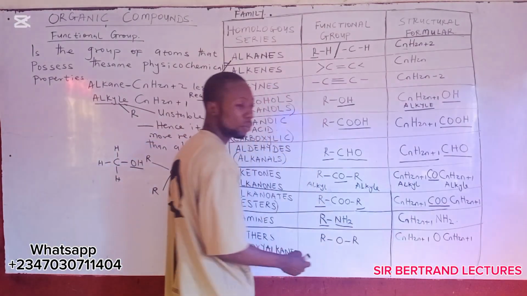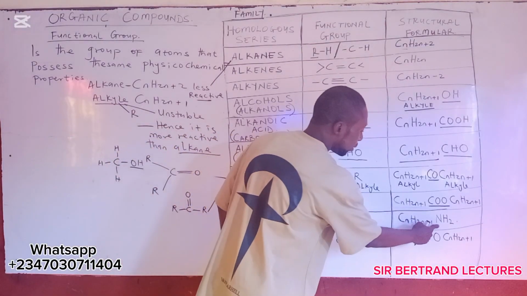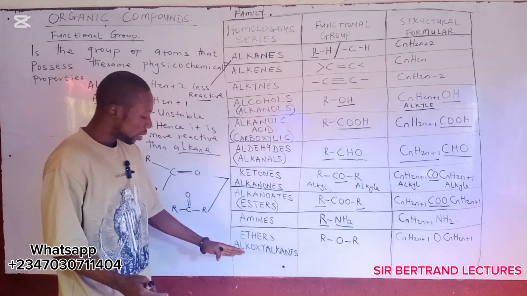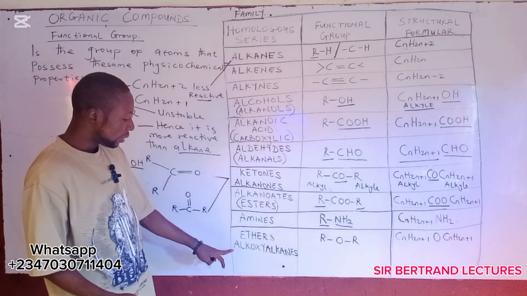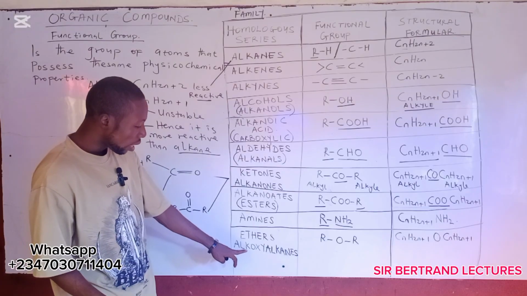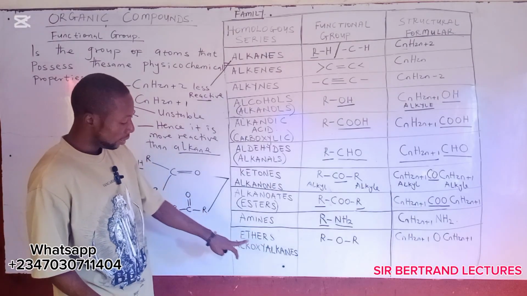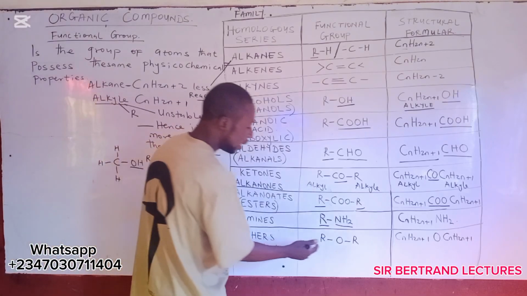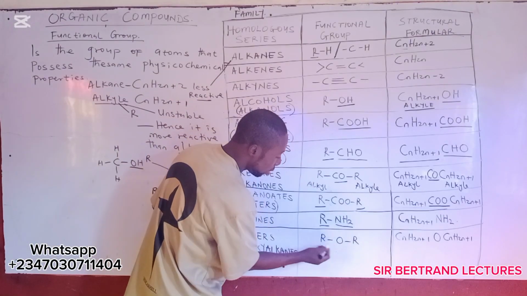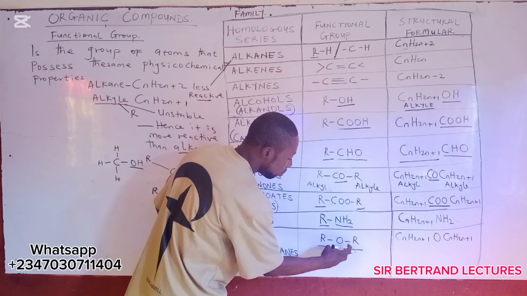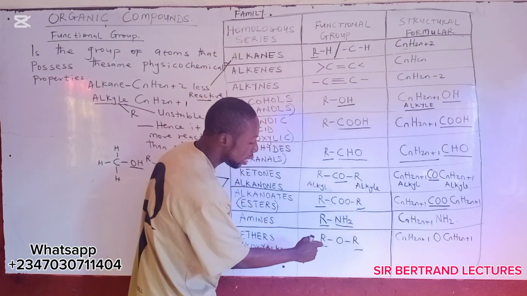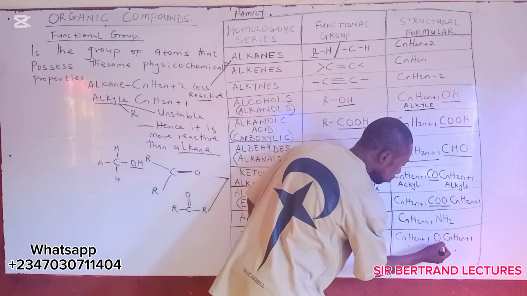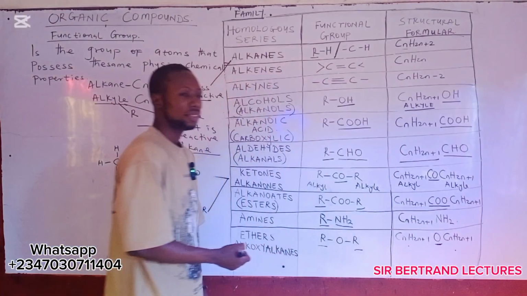Here is the structural formula: alkyl binding with amine. Here are the ethers. Ethers are known as alkoxyalkanes. Alkyl and alkyl bond to an oxygen atom at the center.